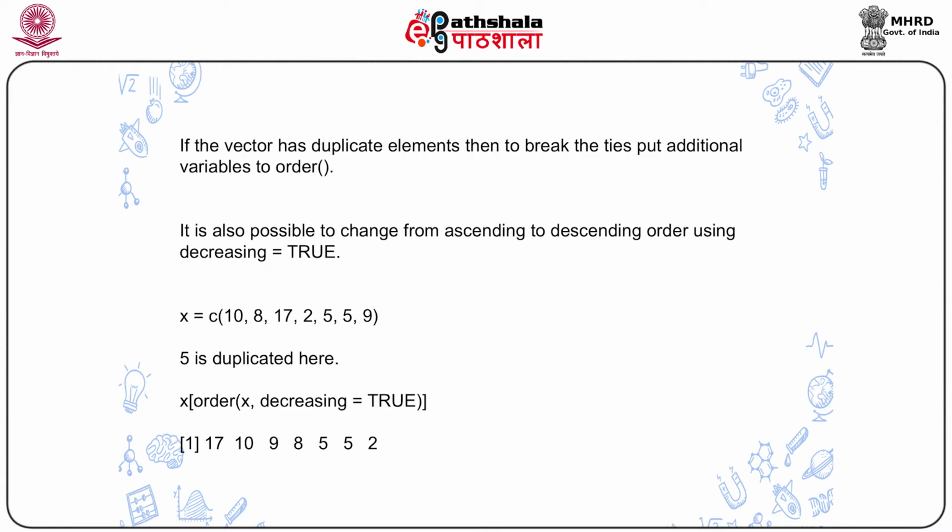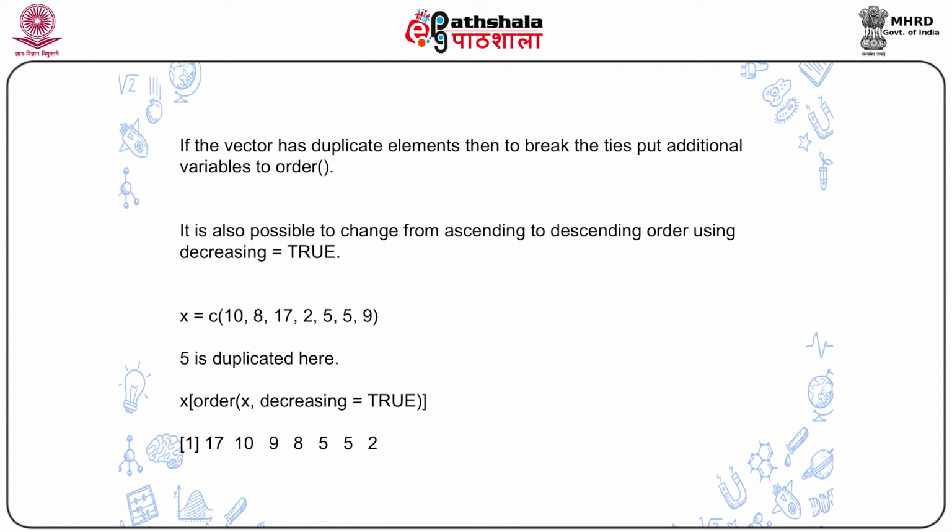Now, if the vector has duplicate elements, then to break the ties, you can supply additional variables to order. Here also, it needs to be mentioned that you can change from ascending to descending order using decreasing equal to TRUE.